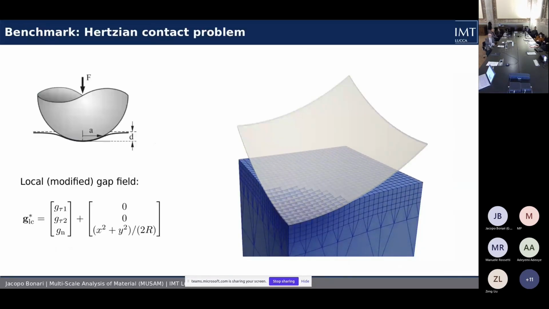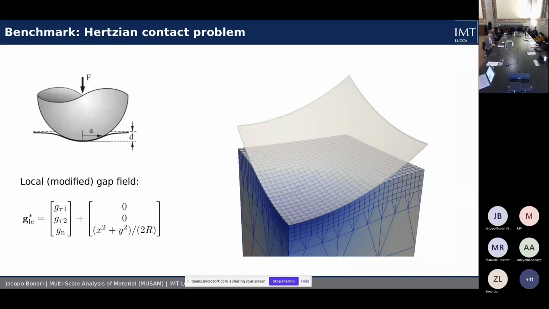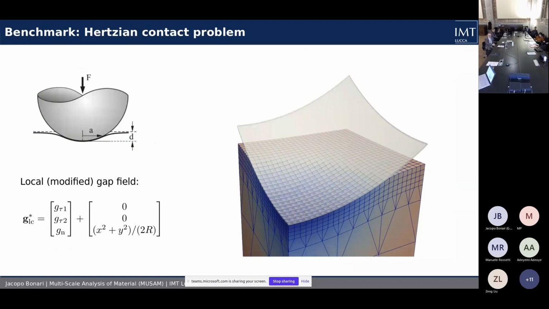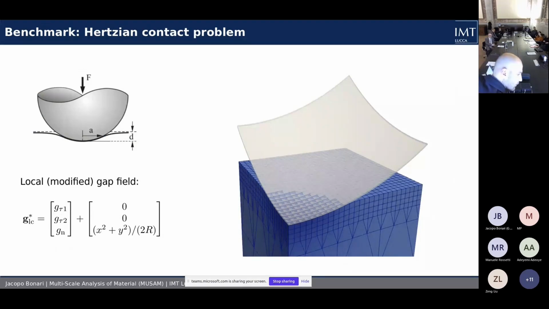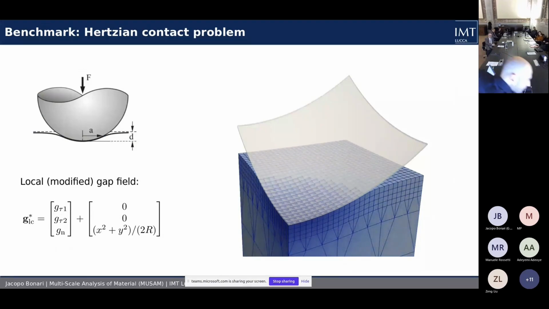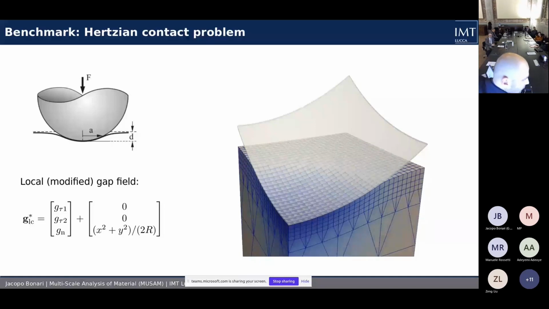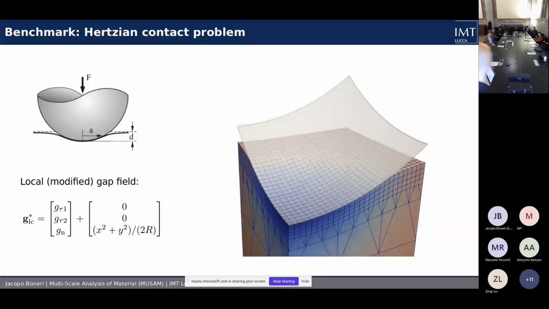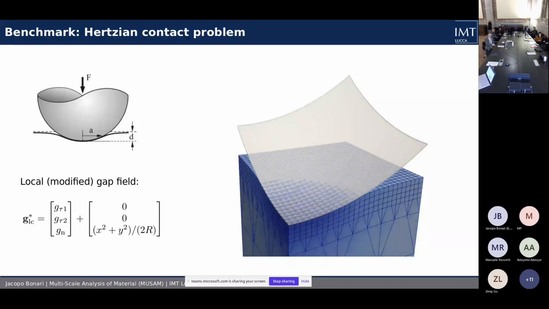So here we have a little toy example. As we have seen before, here we have the standard normal gap, and this would be valid exactly for the solution of a contact problem characterized by two flat interfaces.